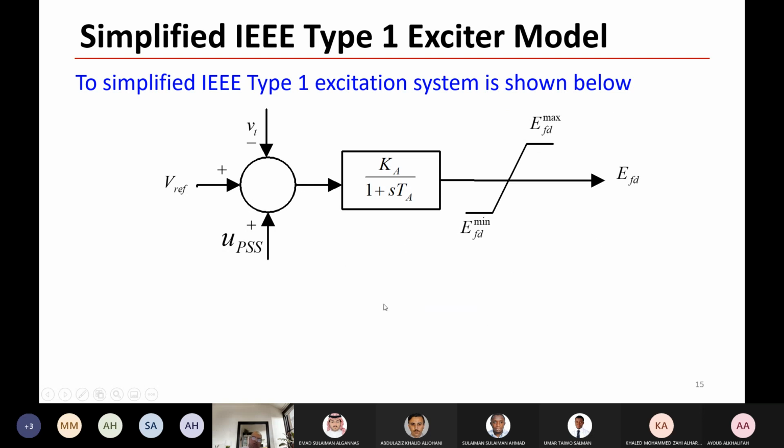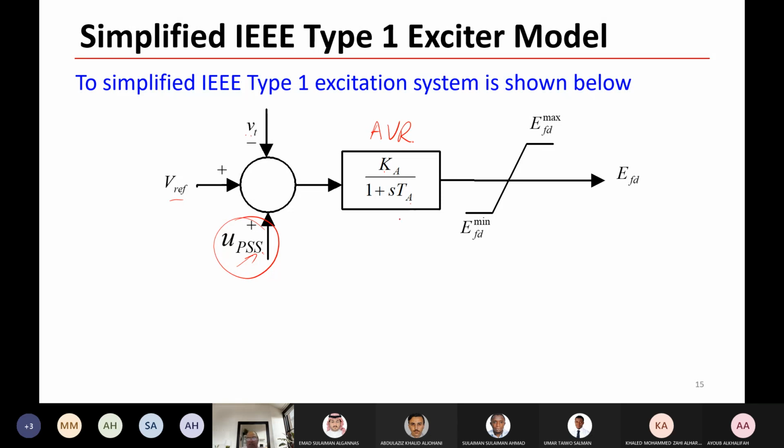So we have only the automatic voltage regulator, with its gain and time constant. You have VT here in negative, V reference, and the other signal that comes from the stabilizer. Later we will discuss this point. We have here the power system stabilizer, and this is EFD.